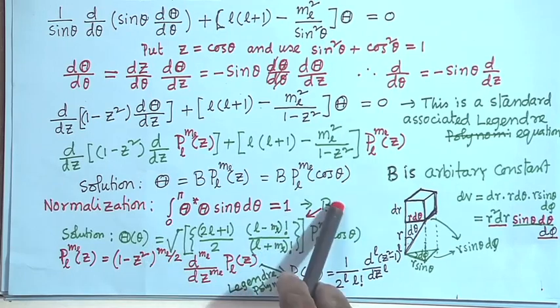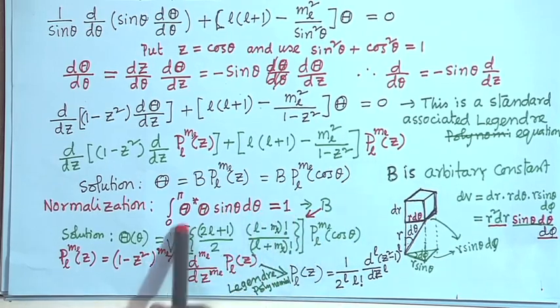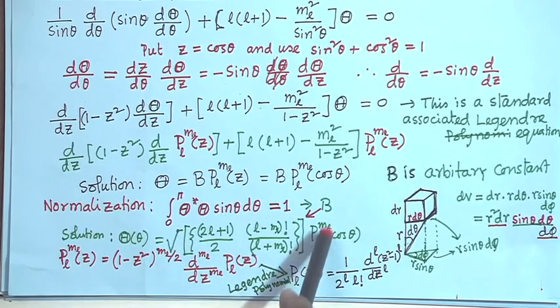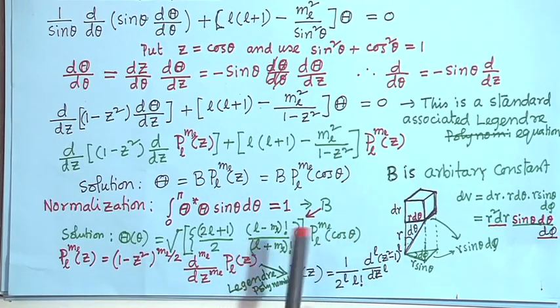This is the B part basically, and then P L ML of cos theta. So, the B part is this, and then these function forms are there. Explicitly we will use them when we discuss physics.